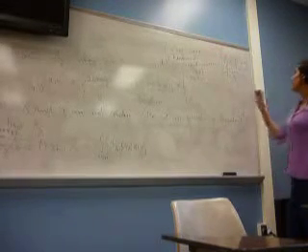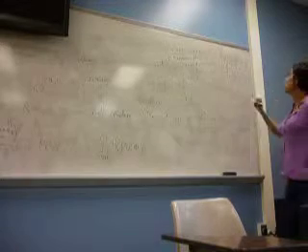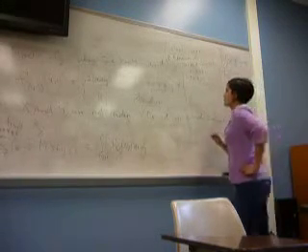Z over 2, right? As X goes from Z minus 1 to Z over 2, you integrate from X to minus X plus 2.